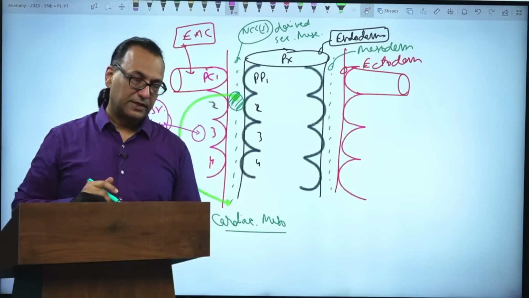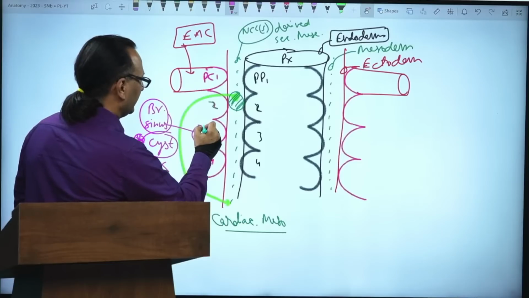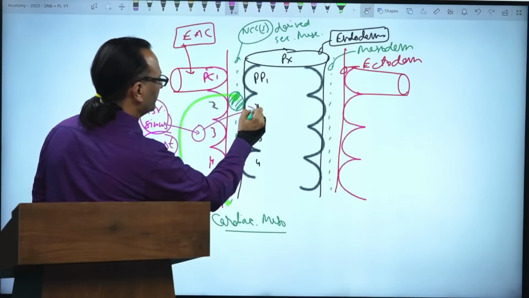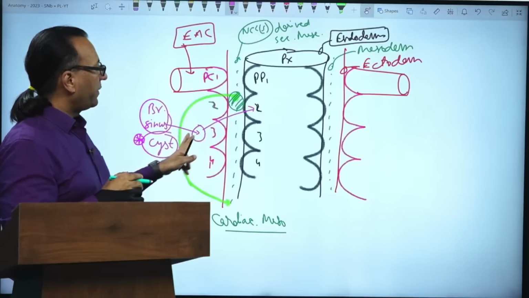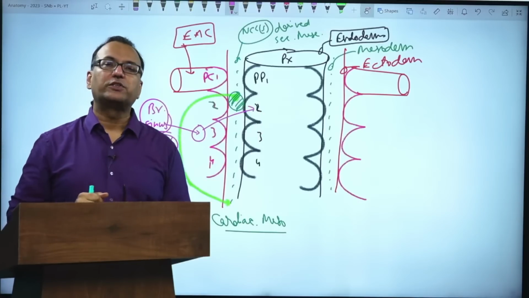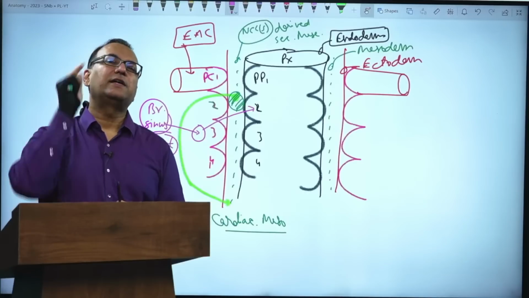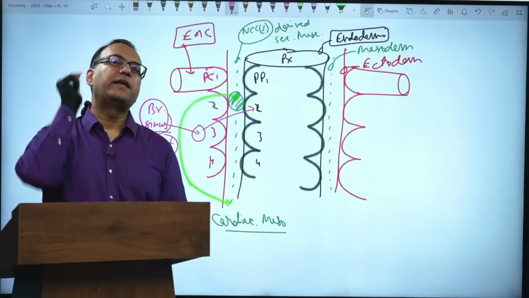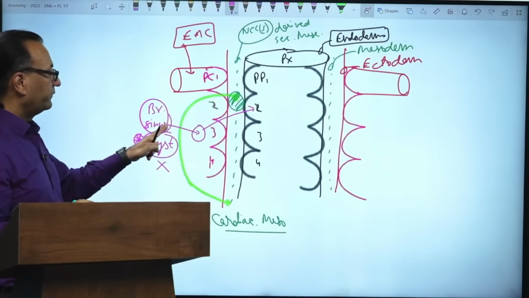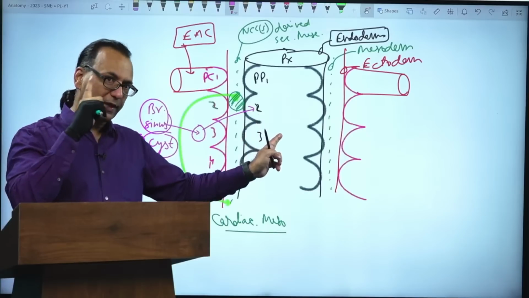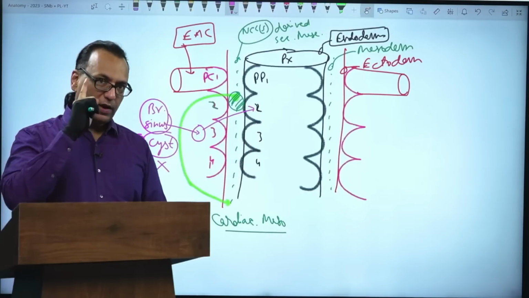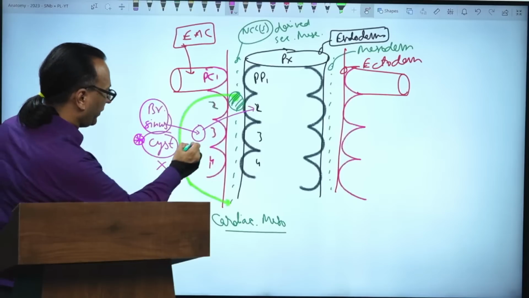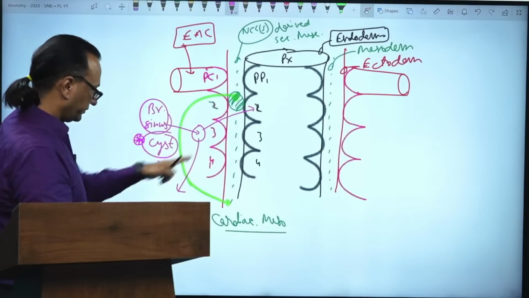Sometime it can open into second pouch, tonsillar fossa. You say internal branchial sinus, because it has one opening. Internal branchial sinus, it has one opening, or it can open outside on the skin also.